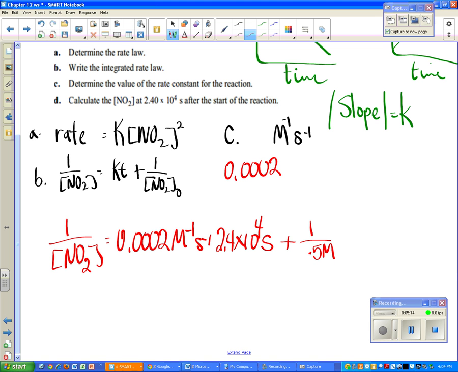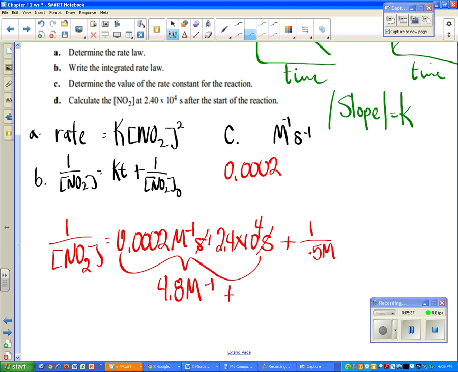If I calculate it out, this answer right here comes out to be 4.8 molarity to the -1, because the seconds cancel.